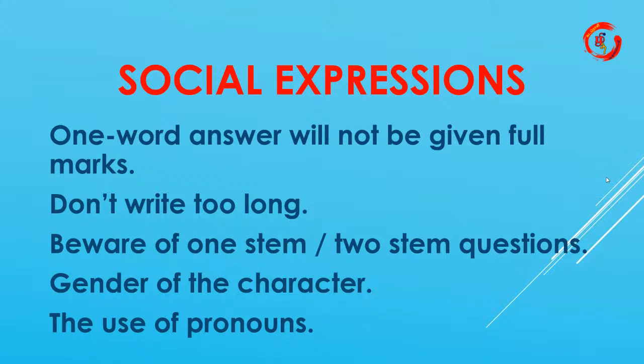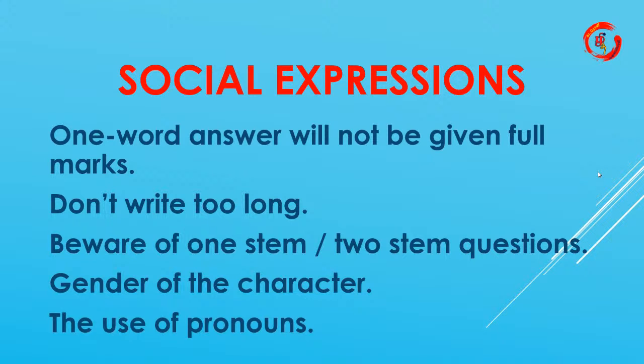The next one, beware of one stem or two stem questions. Okay, what does that mean? You must make sure what you are going to respond to this question, whether you're going to respond with just one or two pieces of information. For example, where is the hospital? Can you show me the way?